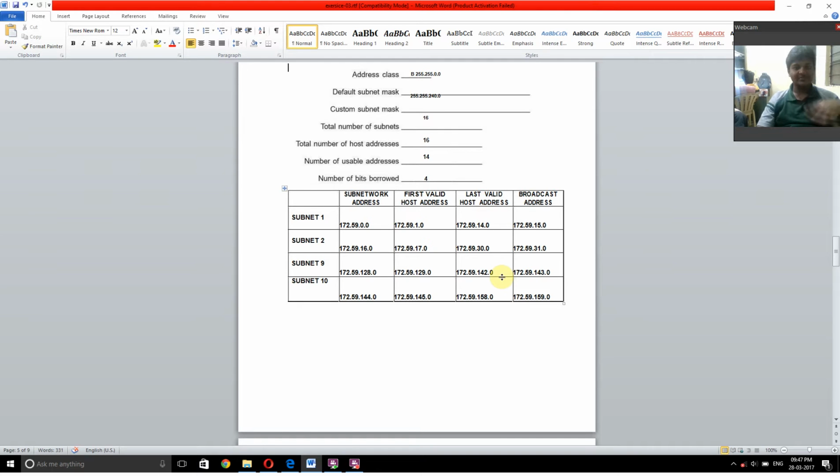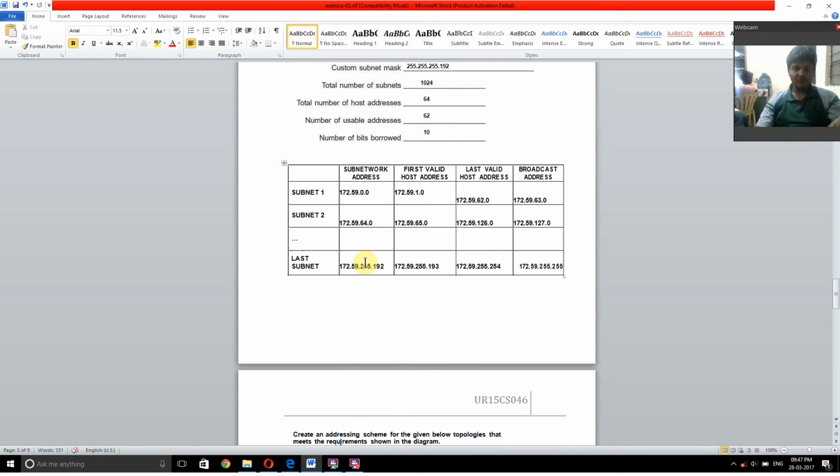The total number of host addresses is 4096. The number of usable addresses is only 4094. The number of bits borrowed is 4, and the subnet address is 172.59.0.0. Here we have to increment the subnet portion instead of 0, for each of the 16 subnets. Likewise we have to arrange.